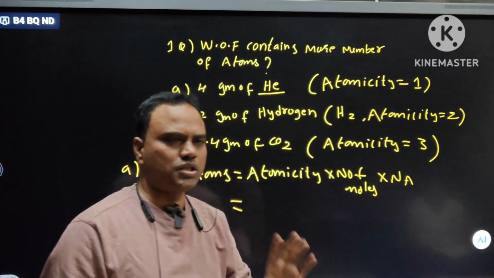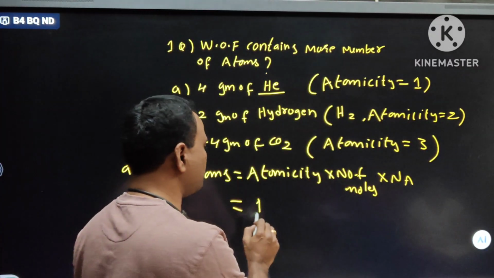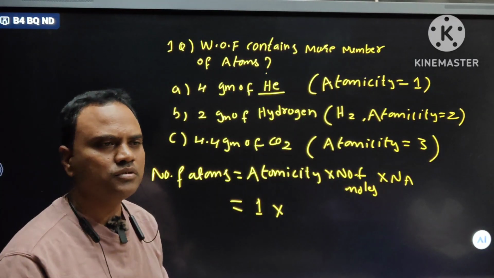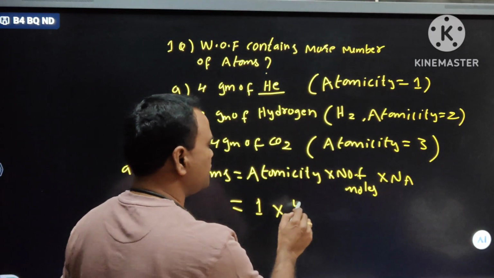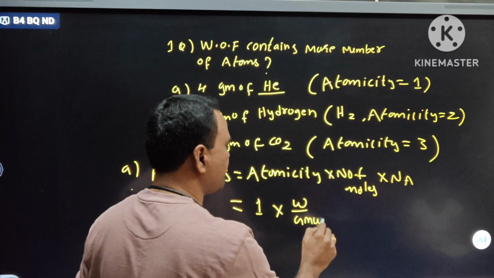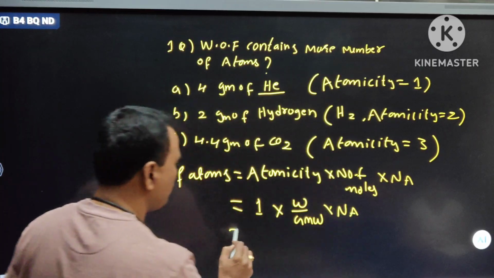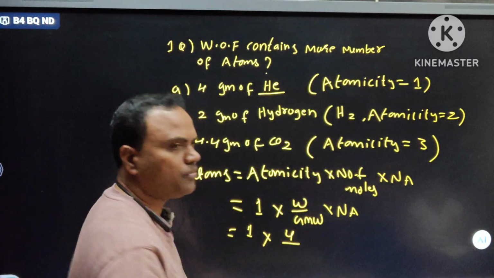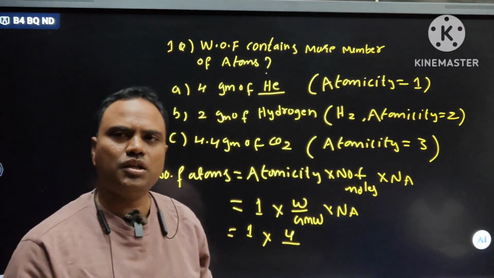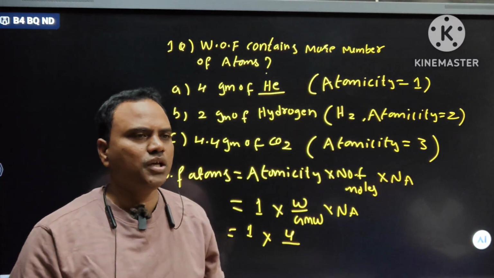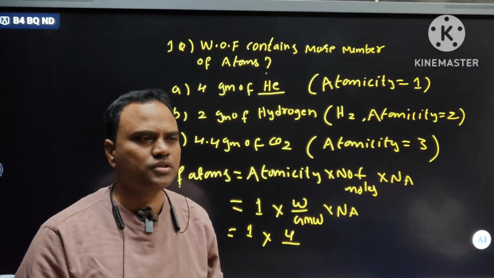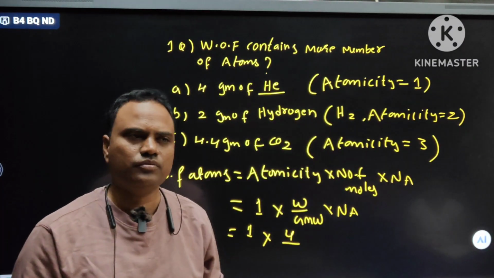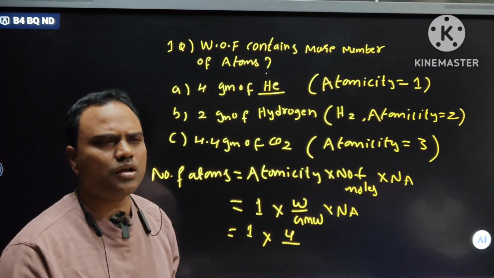Atomicity for the first option is 1. Inert gases' atomicity is 1. 1 into number of moles. What is the formula for number of moles? Weight by gram molecular weight, into Avogadro number. How much weight is given? 4 grams. 4 by what is the gram molecular weight of helium? Helium atomic number is 2, so atomic mass is 4.